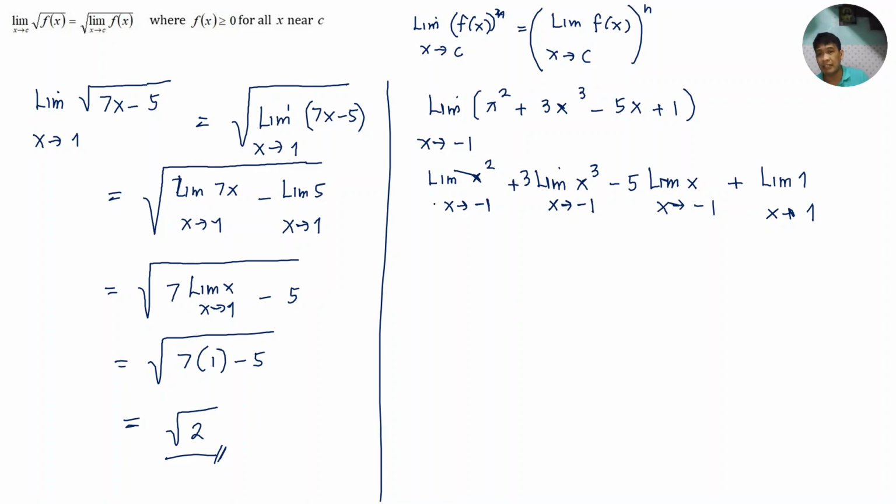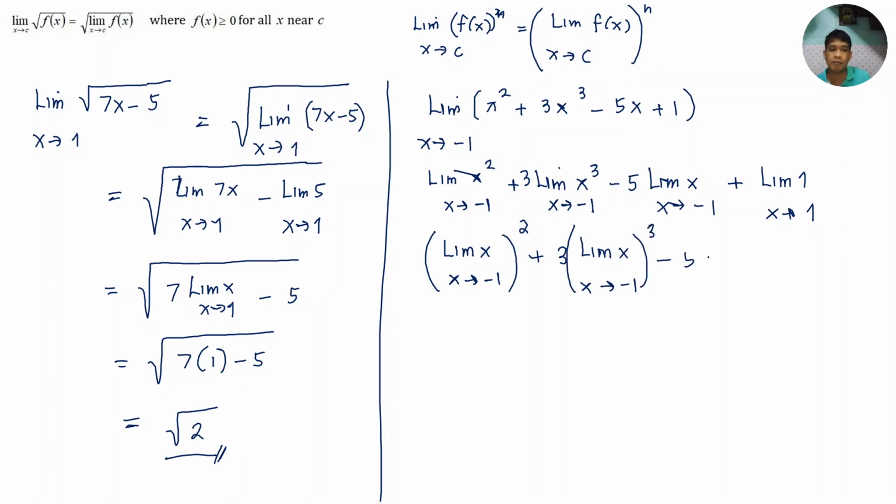Then applying this principle, the limit of x as x approaches negative 1, squared, plus 3 times the limit of x as x approaches negative 1, cubed, minus 5 times negative 1.